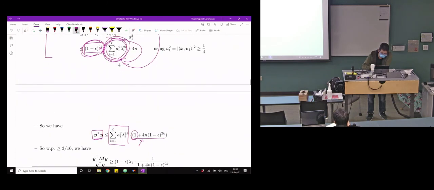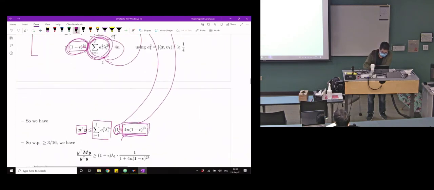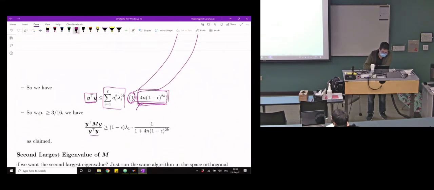The 1 here is from here, and this term here is from here. But this term is negligible when k is big enough. That's why the factor is bigger than 1 minus epsilon lambda, and this is something close to 1.